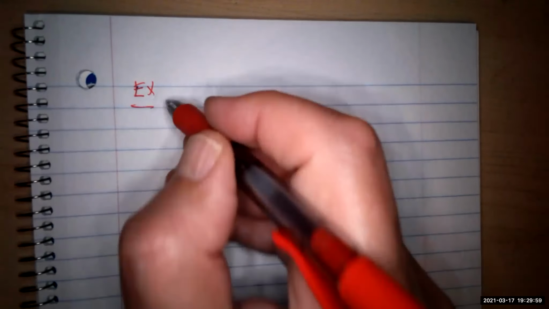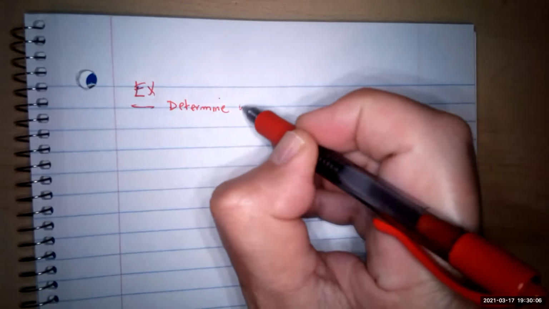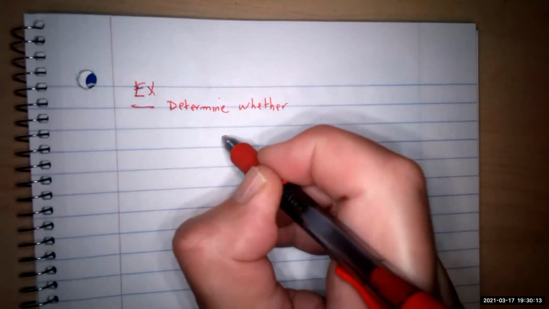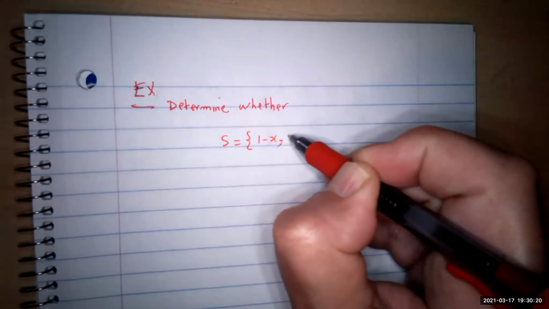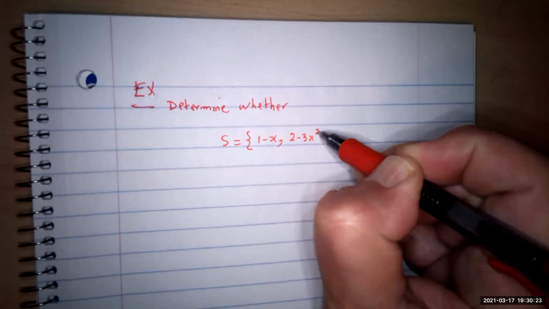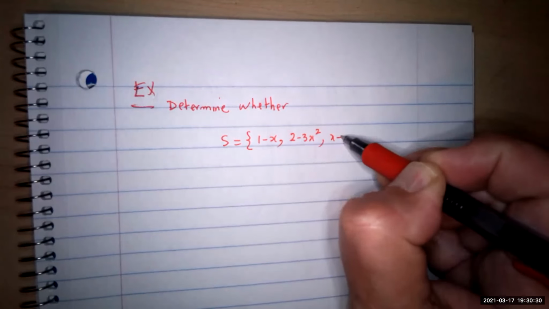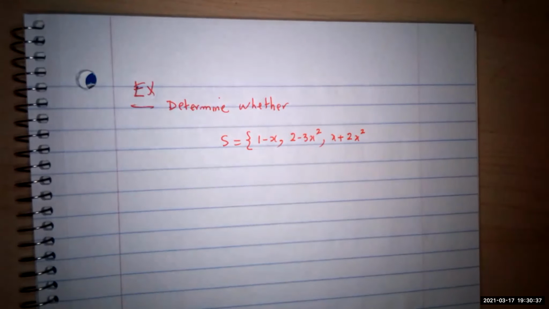Okay, so what is the next example? We want to determine whether this set, we call it S, equal to {1 - x, 2 - 3x², x + 2x²}, is a basis.